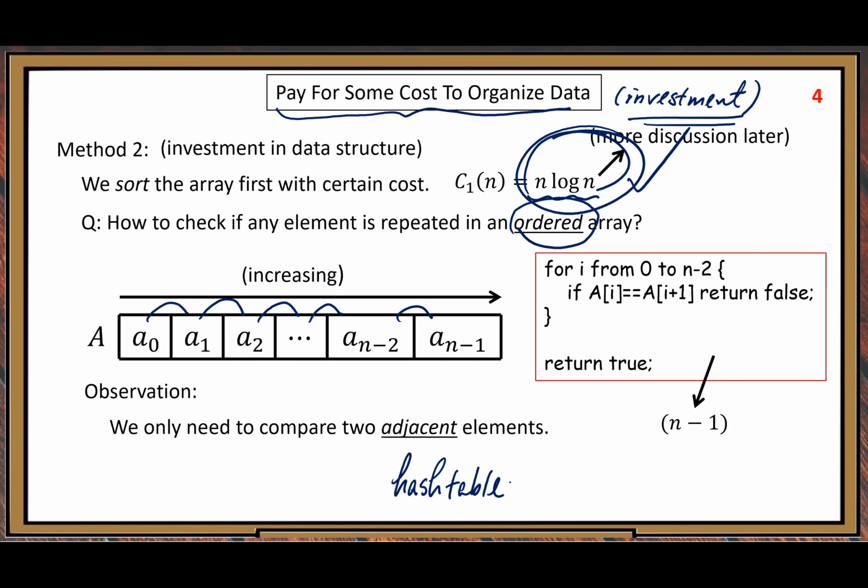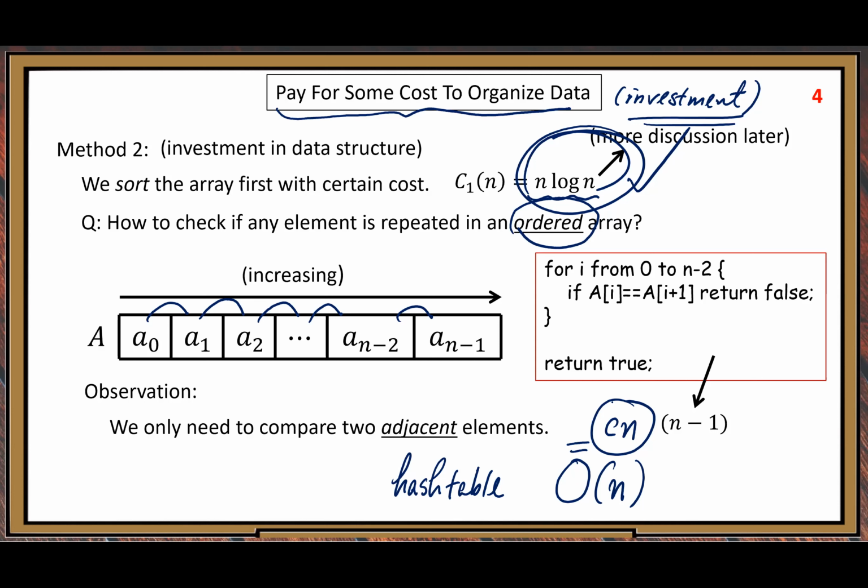And when you build it, the cost you pay is big O of n. This big O notation I will talk about in the next class. Here you just need to know it is linear, a constant times n. Then it's much faster. You just go through the array and insert each element in the hash table.